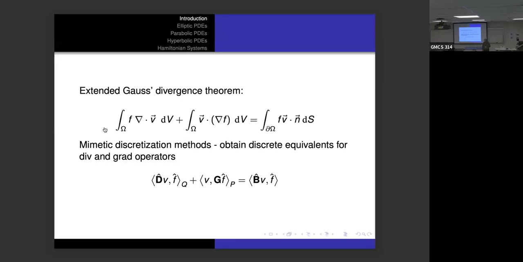That's not how vector calculus works. What we do is construct the divergence, and then construct the gradient separately. Then when we plug them in here, it satisfies the extended Gauss divergence theorem, like happens in vector calculus.